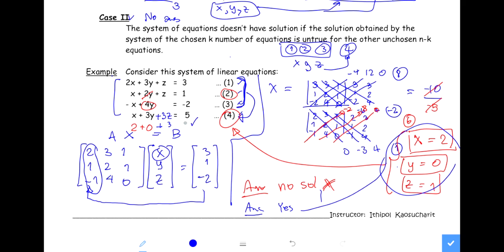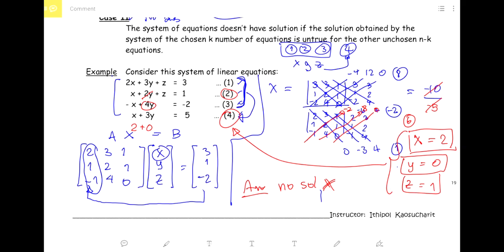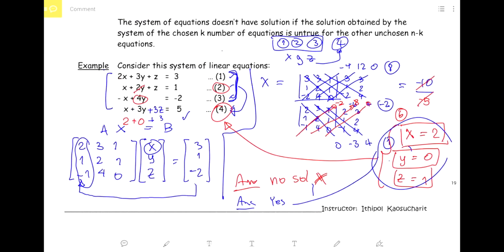If it comes out true for the unchosen number 4, then you say it has the answer, and the answer is those things. But if you put this into equation number 4 and it comes out untrue, then you say no solution. Easy, right? So simple, so straightforward.